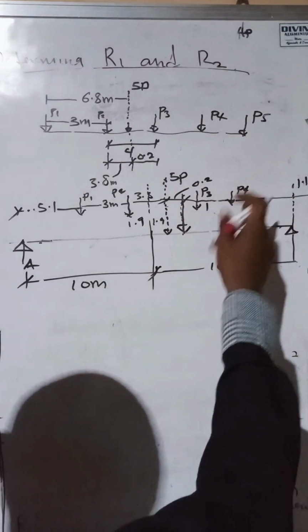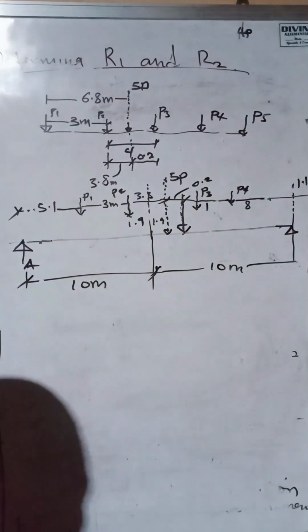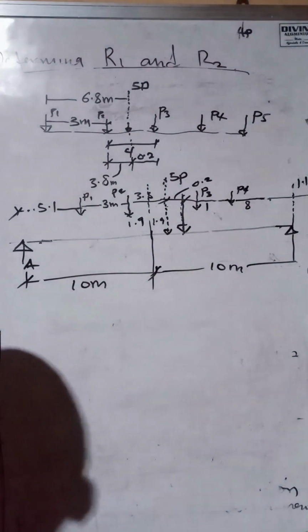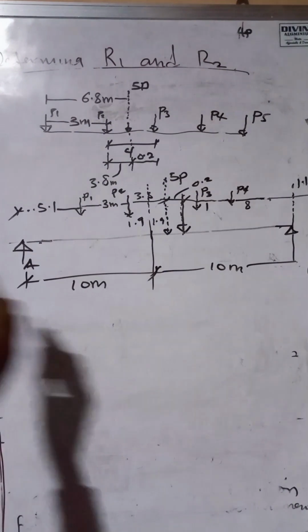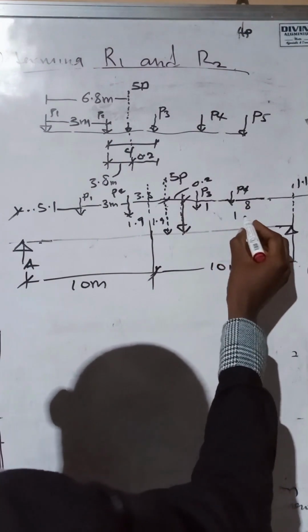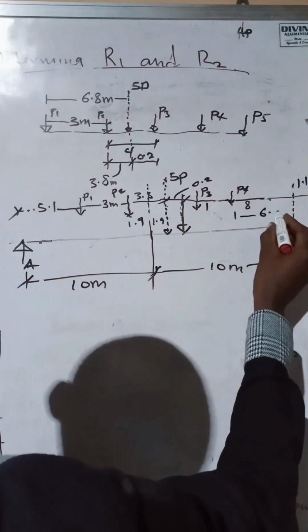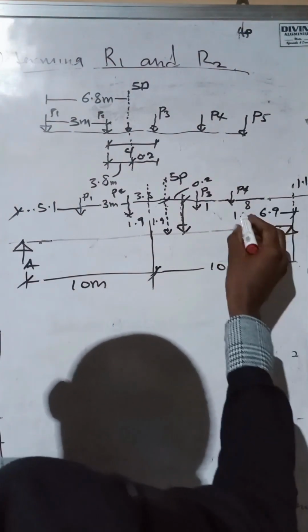So if it's out of the beam and here to here is 8 meters, what it means is that 8 meters minus 1.1 gives us 6.9. So from here to the ending of the support becomes 6.9.